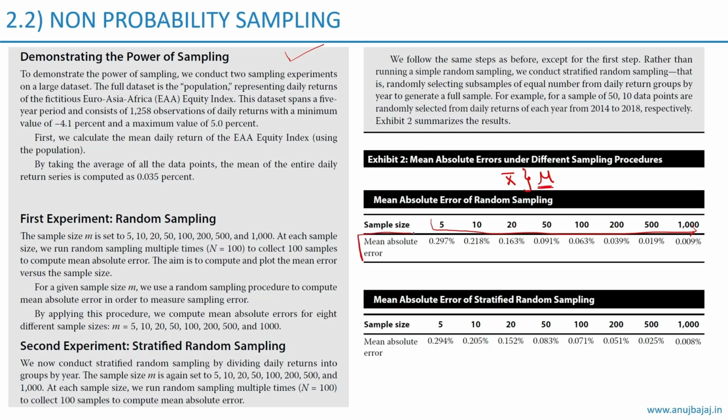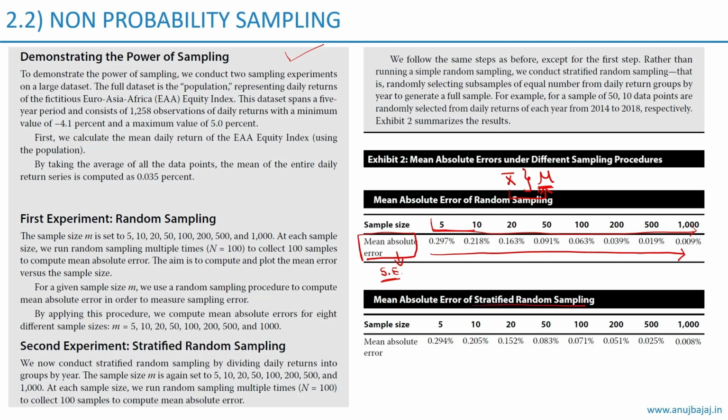This is represented by the mean absolute error. You don't need to go into detail about it; roughly speaking, you can consider it as the sampling error. As the sample size increases, the error keeps on decreasing. That is, the sample statistic becomes closer to the population mean.